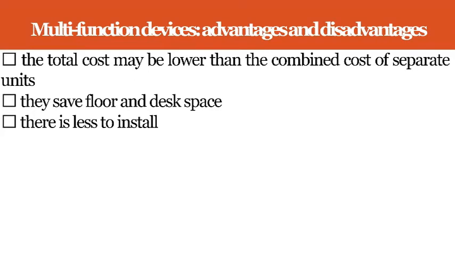If you purchase a scanner, a photocopier, and a printer as separate devices, it is more expensive compared with purchasing a 3-in-1 device. Then of course, it can save floor and desk space. Then there is less to install. You only install one device on one computer.